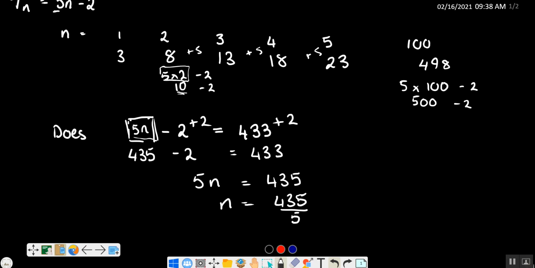Everyone should have your calculator out. 435 divided by 5 is 87. So n is 87. What does that mean? That 435 is the 87th term in the list.